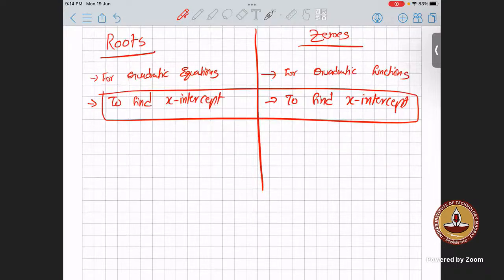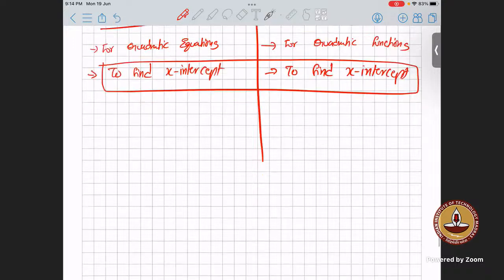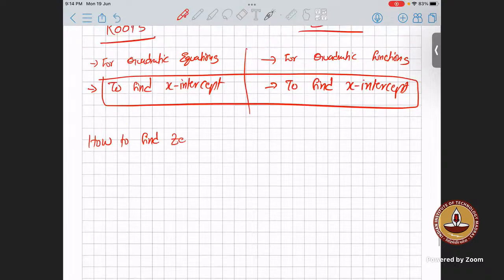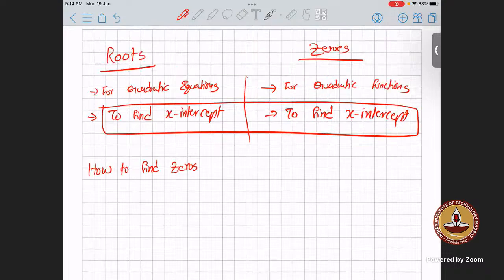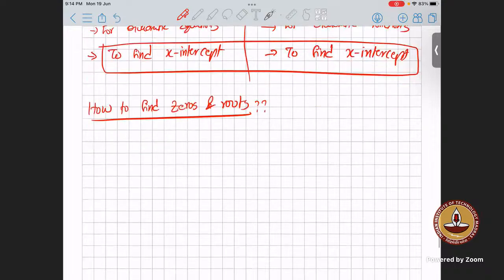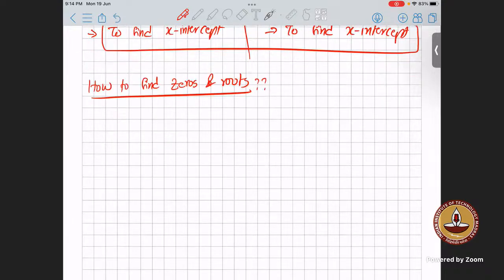Then, coming to how to find zeros and roots. First we will discuss roots. Here y equals f of x.